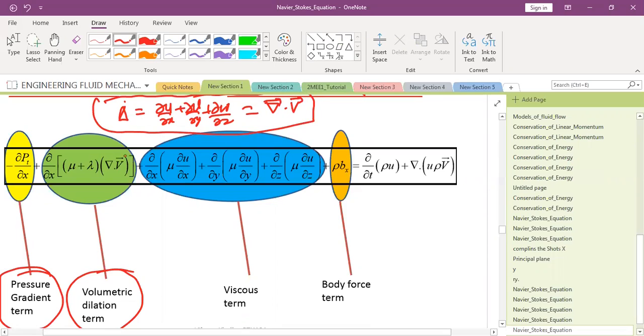That's why you see del dot v here instead of delta dot, because this is much more popular. It is the divergence of velocity field. Instead of delta dot, you will see in the textbooks del dot v. This is just a more popular notation, nothing more than that.